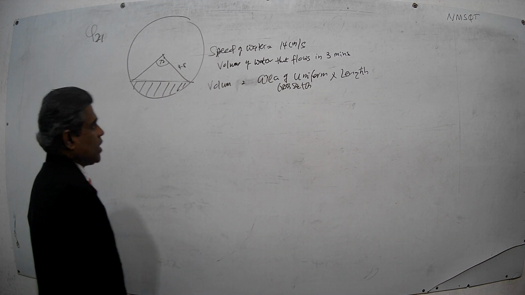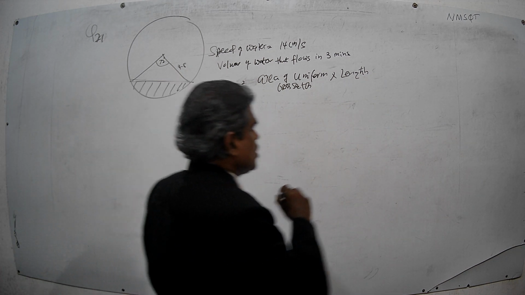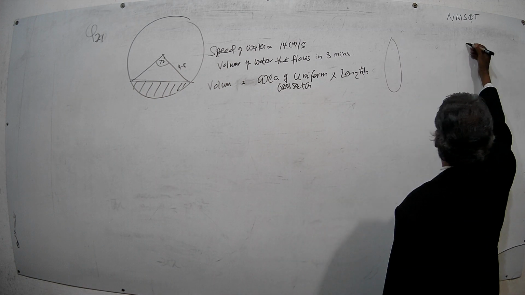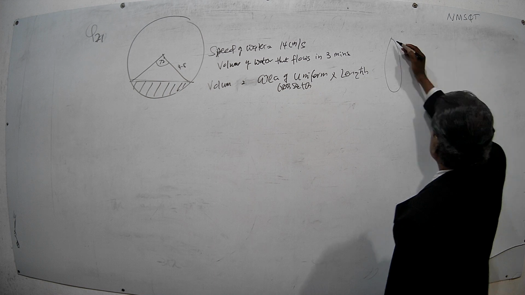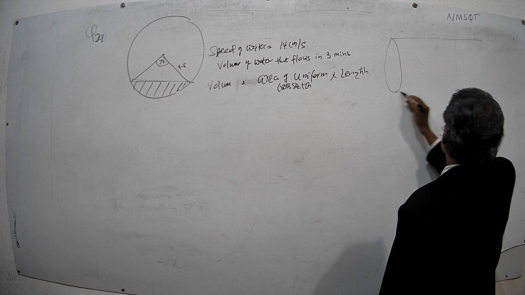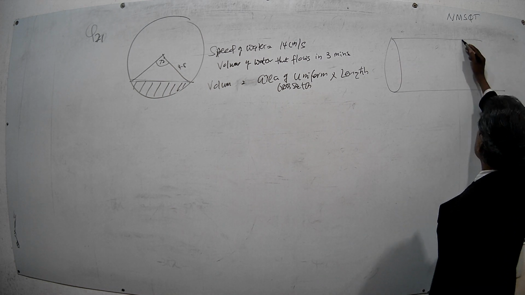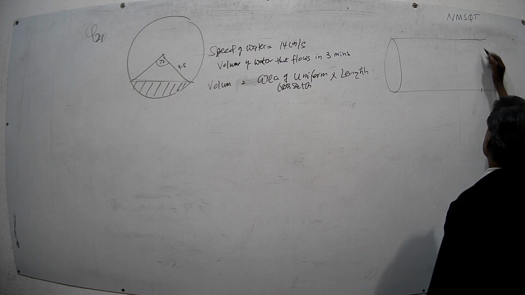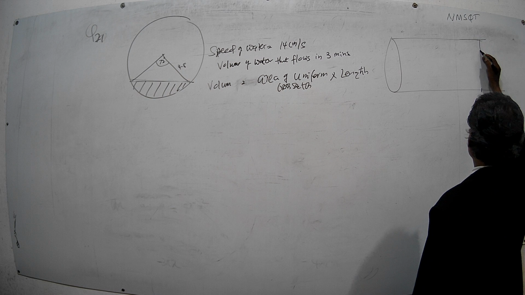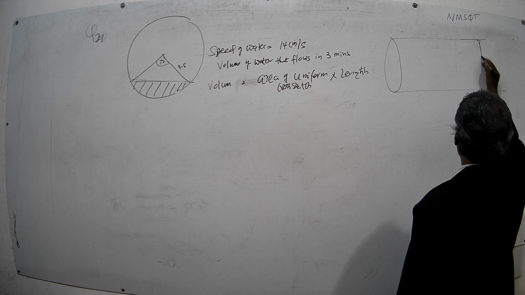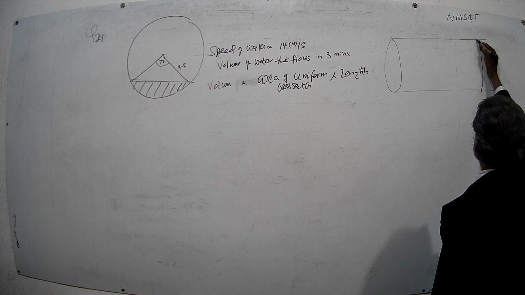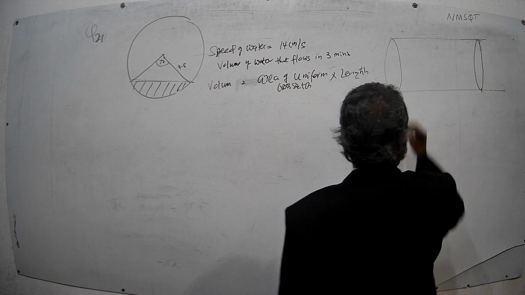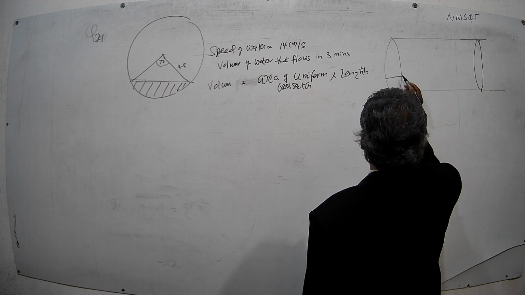Okay. Now I draw this pipe in this way, for your understanding. Let's say the pipe is like this. Within 3 minutes the water goes this much of length, distance. Then here, this is the water level that they have given.